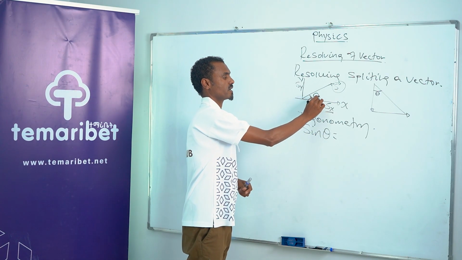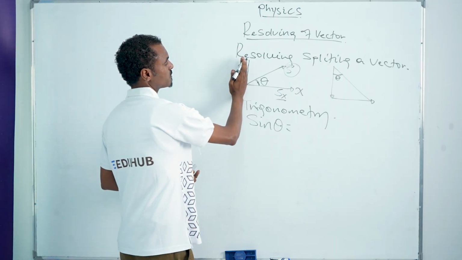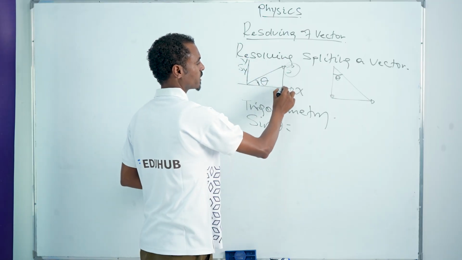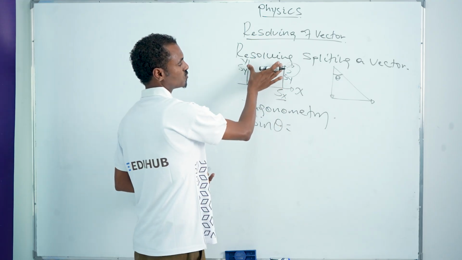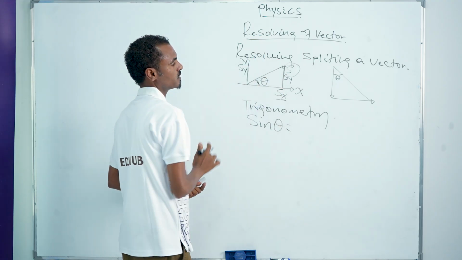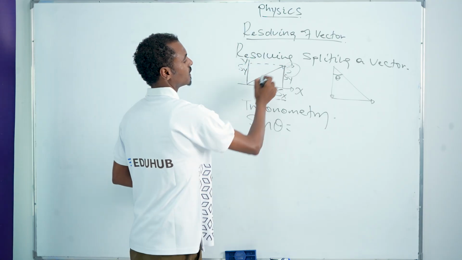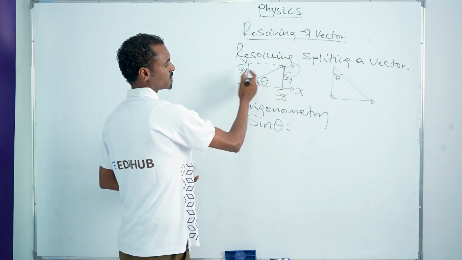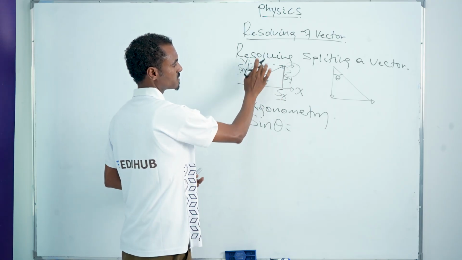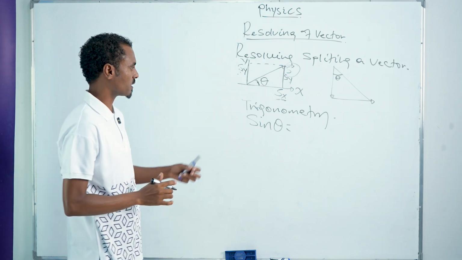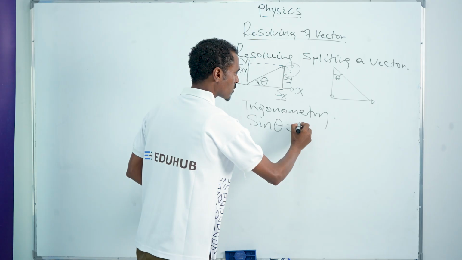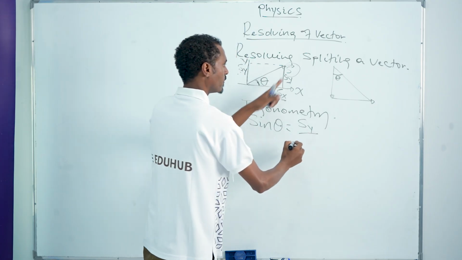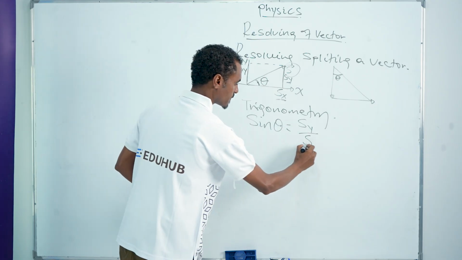If we have an angle here, there is a parallel side of this S. We can take this one as Sy, and it is possible to draw this Sx somewhere here. This Sy exists parallel, and this Sx also acts parallel. So sine theta means opposite over hypotenuse. Our opposite side is Sy over S.